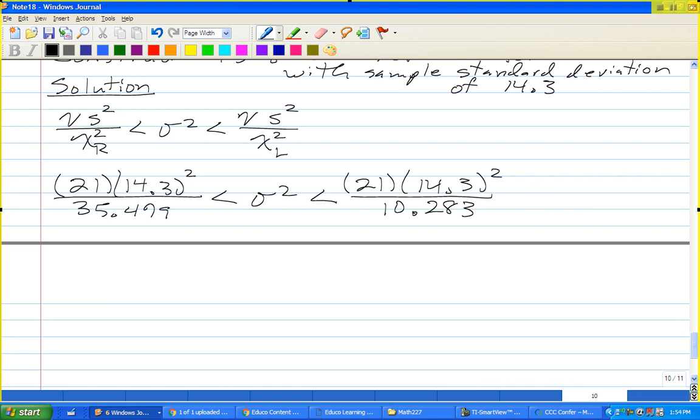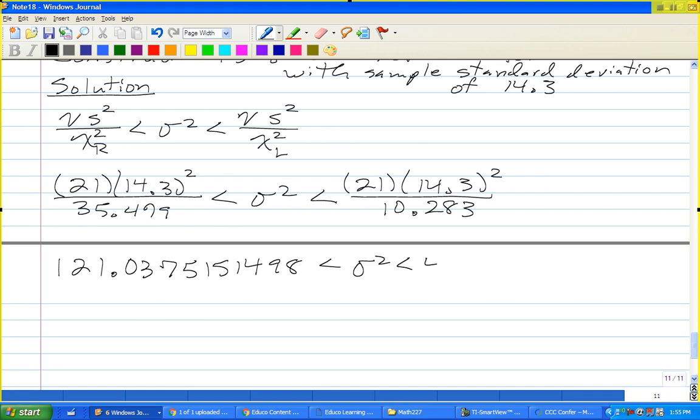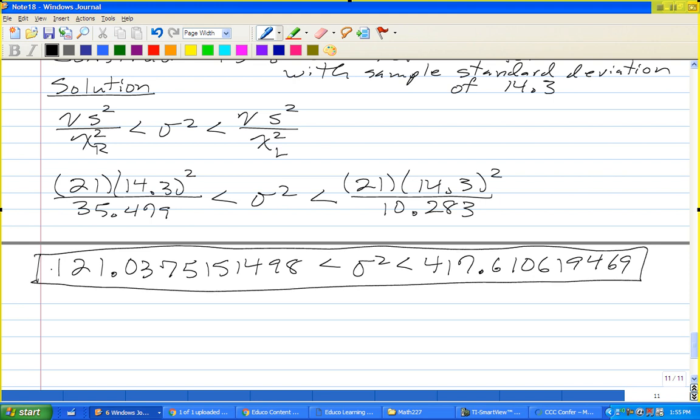If you do that, you get 121.0375 and 417.6106, and that is your 95% confidence interval. Okay.